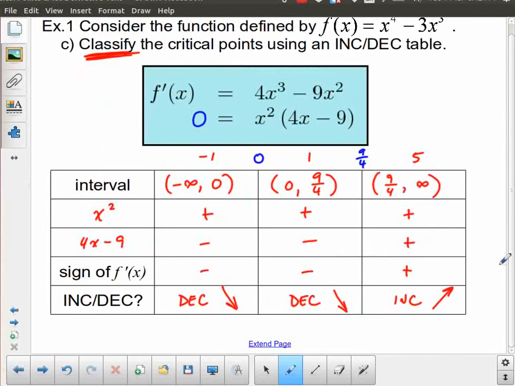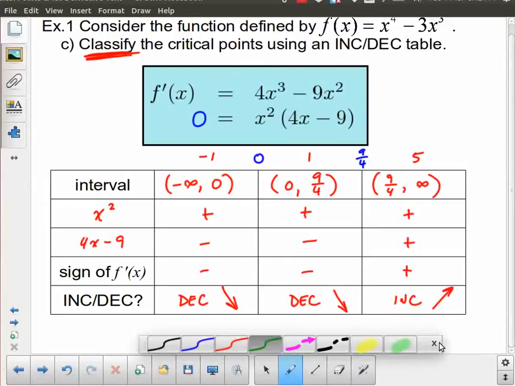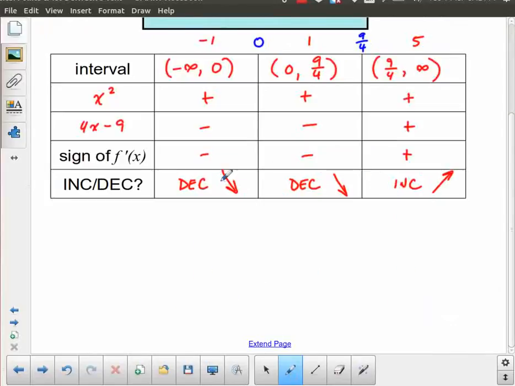So, to classify this, what do I have here? Here I have decreasing, and here I still have decreasing, which means from here to here, my trend continues, and that means I have a point of inflection.